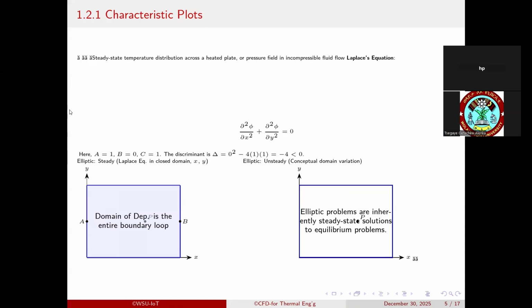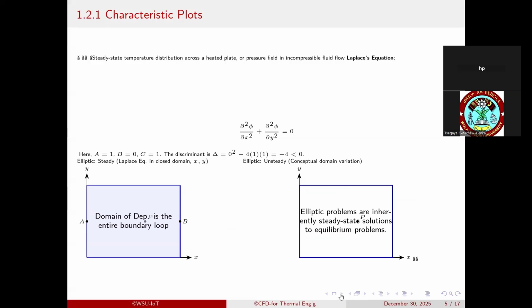Elliptic problems include calculating steady state temperature distributions in a heated plate, and determining a pressure field within a contained incompressible fluid flow, the CFD pressure Poisson equation. It requires boundary conditions specified on all boundaries of the domain.